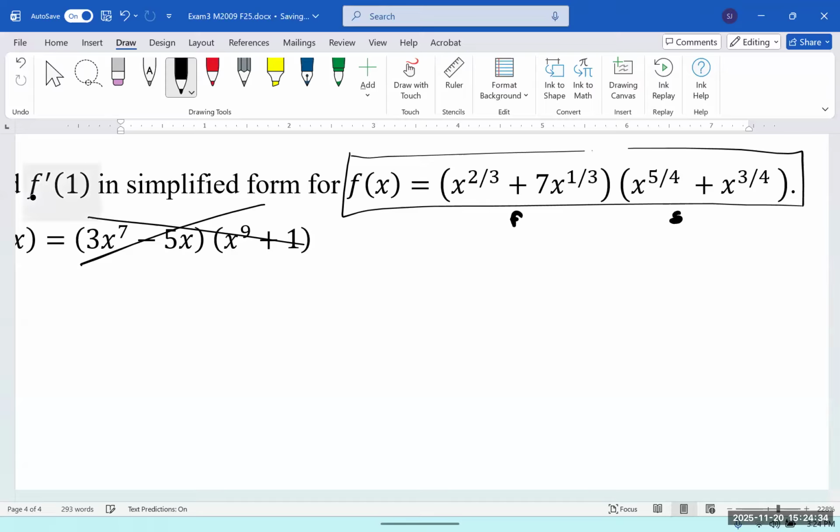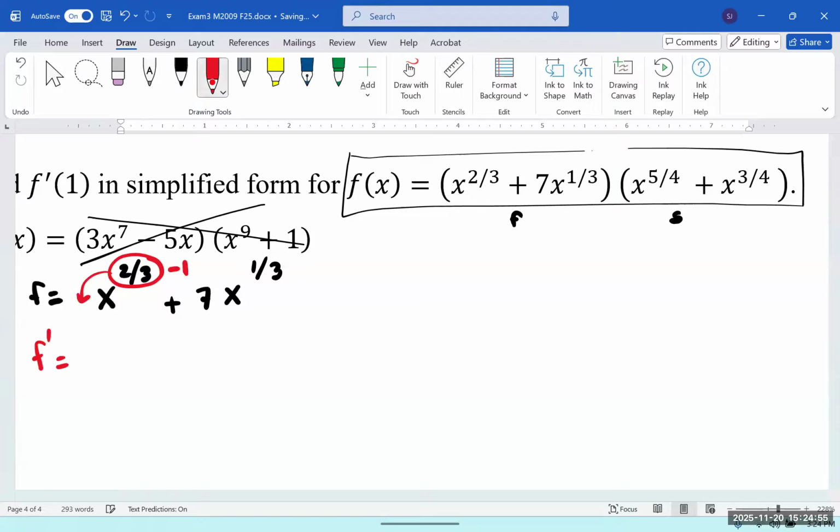So F and G. The first one is F: x to the third plus 7x to the 1/3. For the derivative, whatever power you have, you bring it down and subtract 1. So 2/3 x to the 2/3 minus 1.